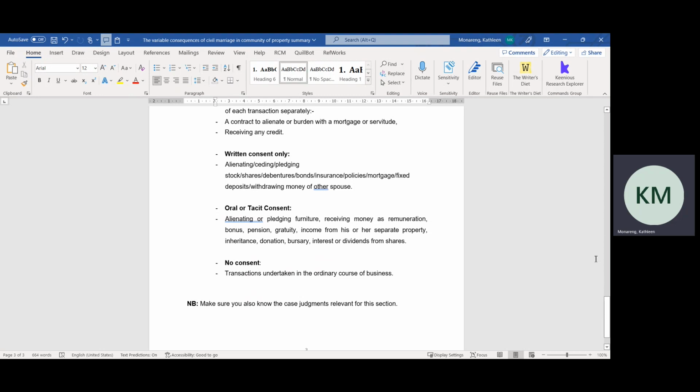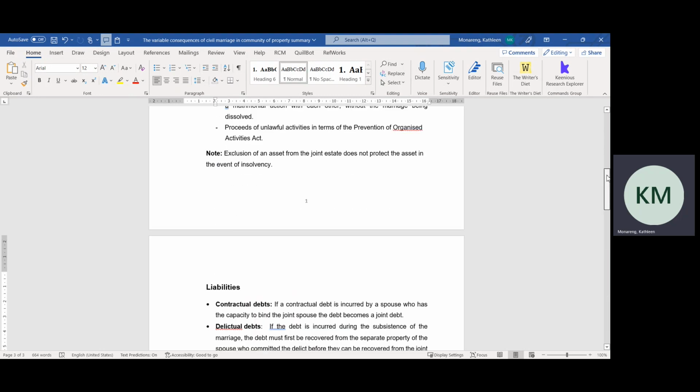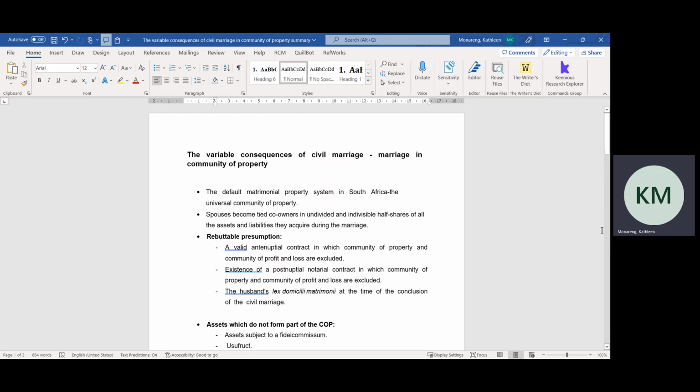So this was just a summary of the favorable consequences of a civil marriage and being married in community of property. The next summary will be on being married out of community of property.